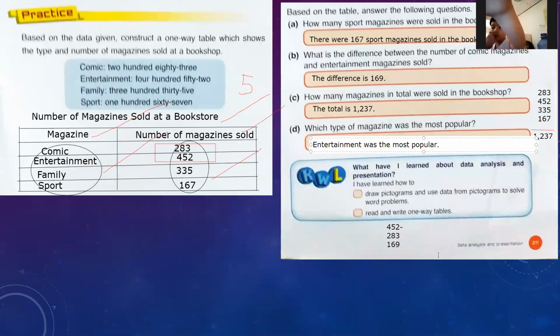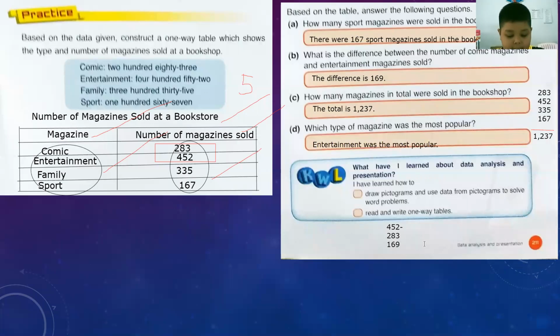Okay, sorry, I was in a hurry. Can I write entertainment magazine was the most popular? Correct. Look at my answer. We have the same answer. I write the most popular type of magazine, but I write entertainment was the most popular magazine.